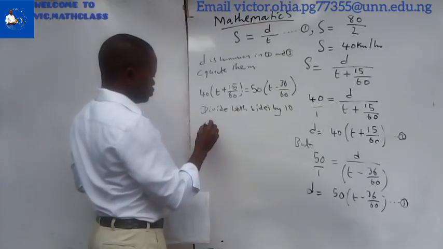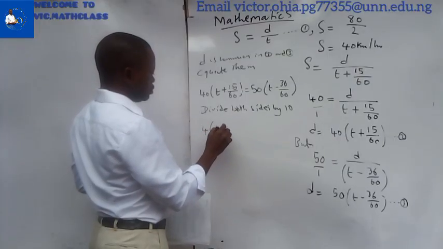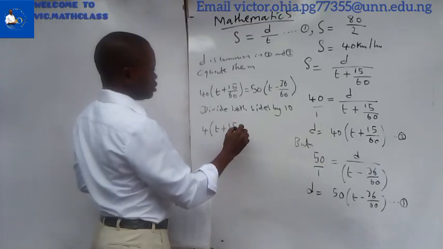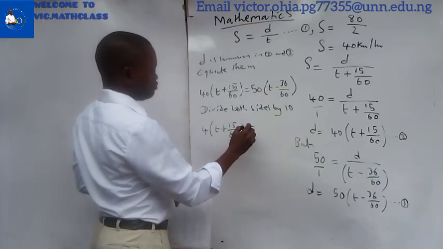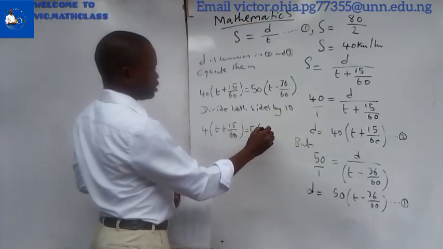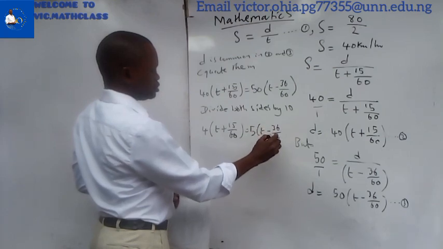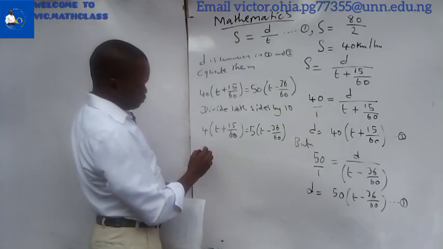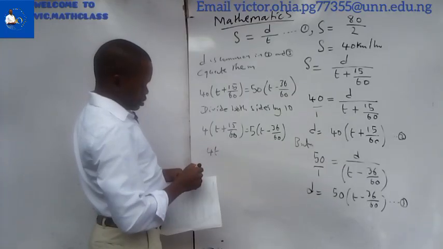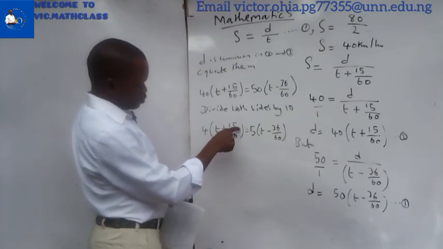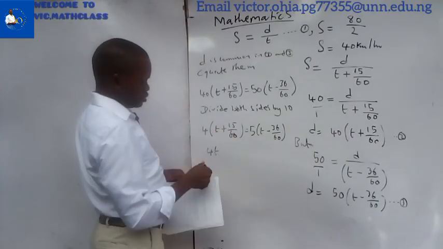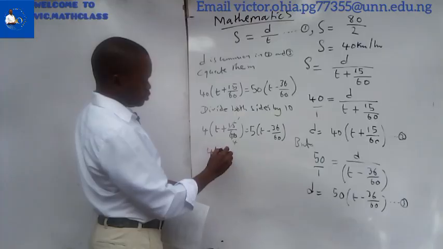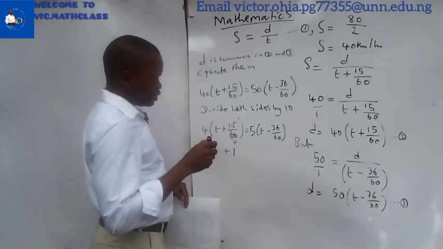So this is 4(t plus 15 over 60) equals to 5(t minus 36 over 60). So if I enter here, I will have 4t, and 15 over 60 is 1 over 4, because 15 cancels itself 1, and here is 4. So 4 into 4 will give us plus 1. Exactly.